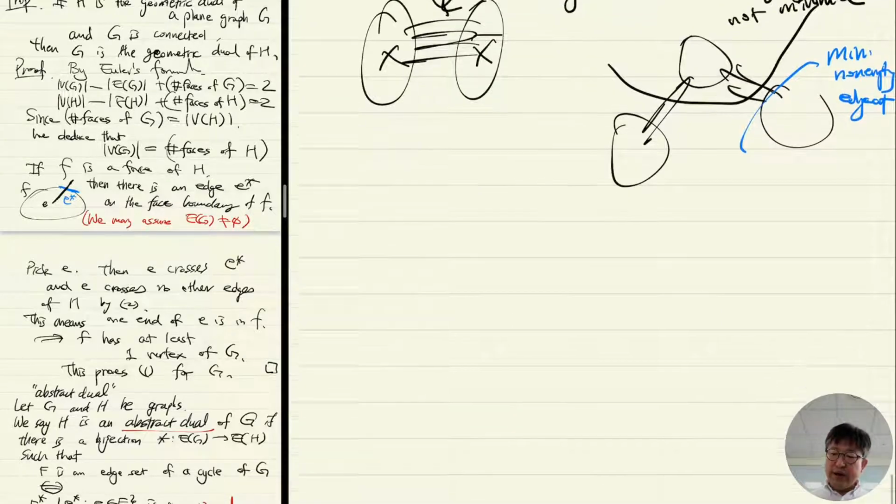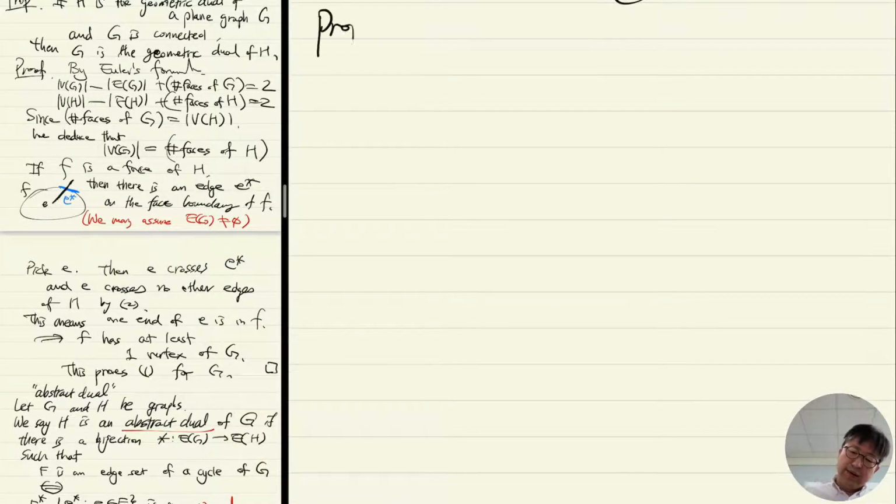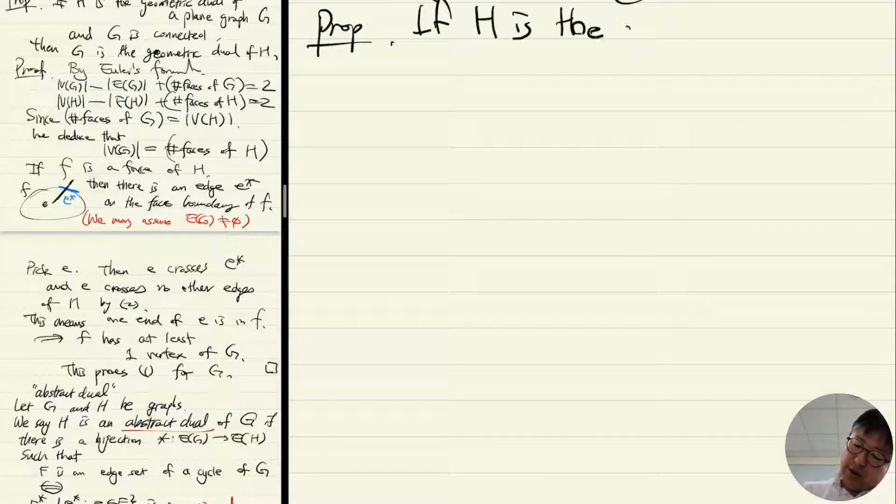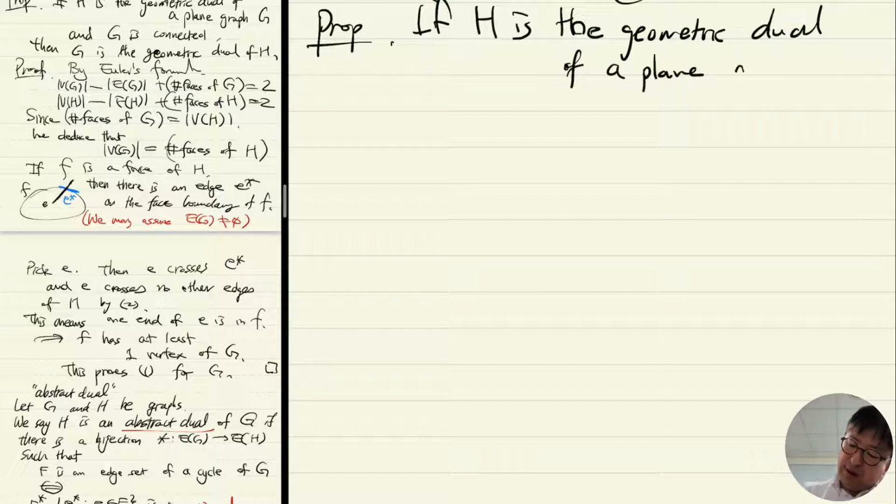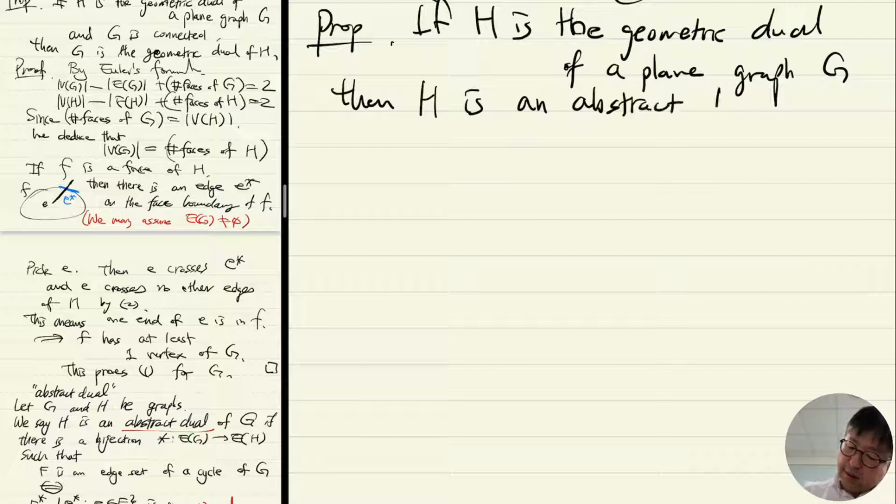Now, why do we care? Because of this property. If H is the geometric dual of a plane graph G, then H is also an abstract dual. Note that I use the word "an" instead of "the" because the abstract dual is not unique.